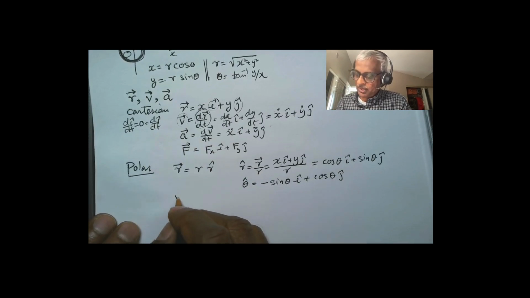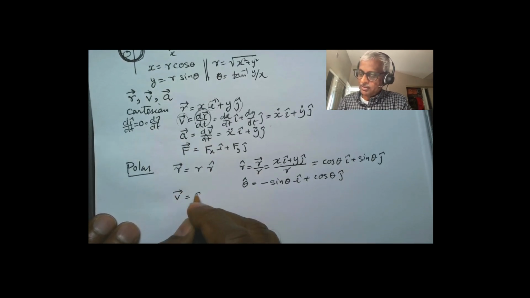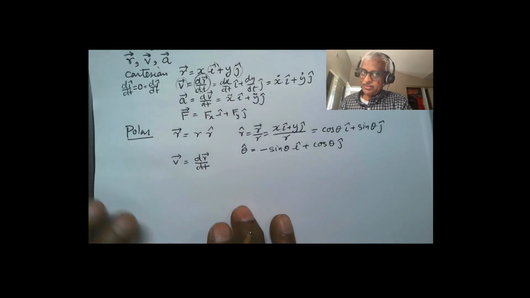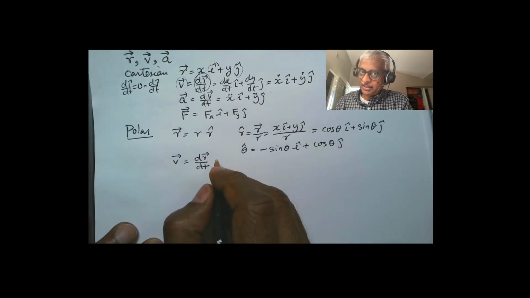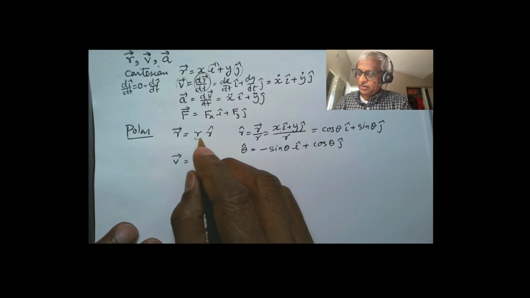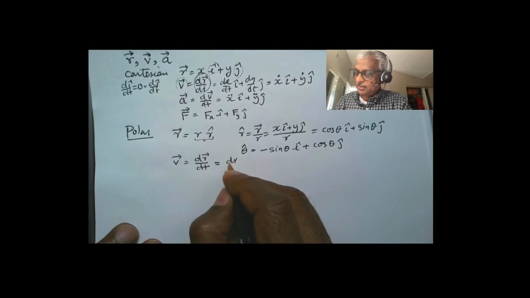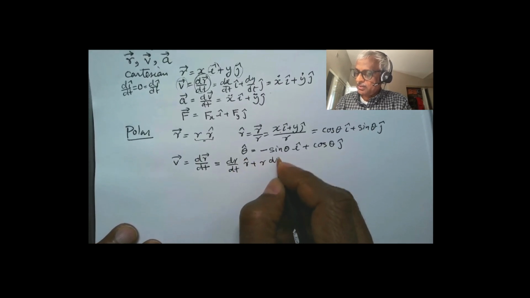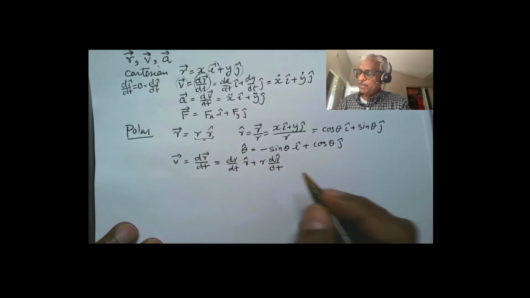So when we do the velocity vector, dr/dt, this will simply be equal to two derivatives: dr/dt r hat plus r d r hat/dt.